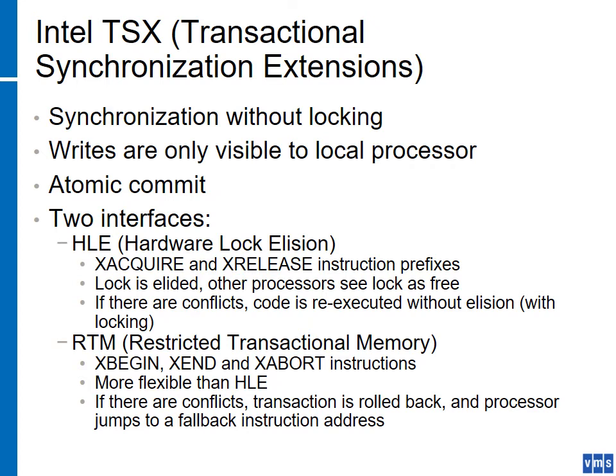None of the other CPUs will ever see that you tried to do anything with the memory, and instead it jumps to the address you specified when you executed the xbegin instruction. And you can then decide what you want to do. You may want to try this 3 times and then fall back to actually taking out a lock. Or you may want to immediately take out a lock and do it the old-fashioned way.